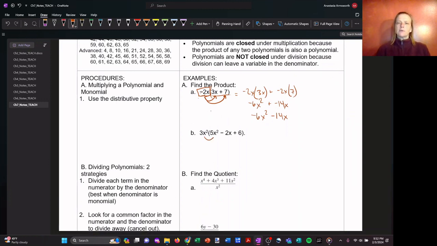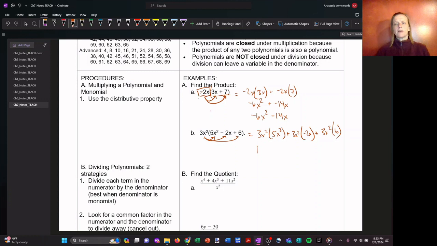Let's look at another example, just distributing what we have outside parentheses with what we have inside parentheses. We have 3x squared times 5x squared plus 3x squared times negative 2x plus 3x squared times 6.